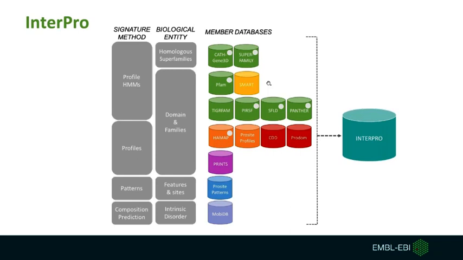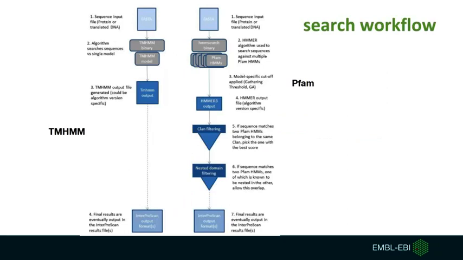So for example, I can give a brief workflow for some of the member databases. On the left, we have TMHMM, which is not exactly a member database, but it's one of the analysis features that we have in InterProScan. It gives us predictions on some of the transmembrane features that you could have on a protein sequence. And on the right, we have one of the databases, Pfam, and this is a much more complex analysis workflow.